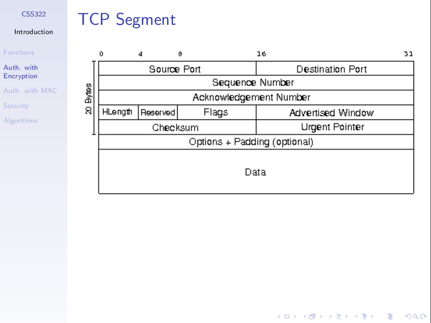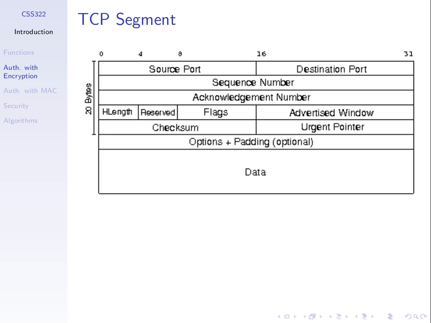Because if I encrypt a TCP segment, and then at the receiver I decrypt it, we'd expect that the structure would be recognized by the receiver. The source and port number should be similar to the previous that the application set up. The acknowledgement and sequence numbers have some structure, and so on. So in practice, we can use encryption to provide authentication so long as the plaintext has some recognizable structure.